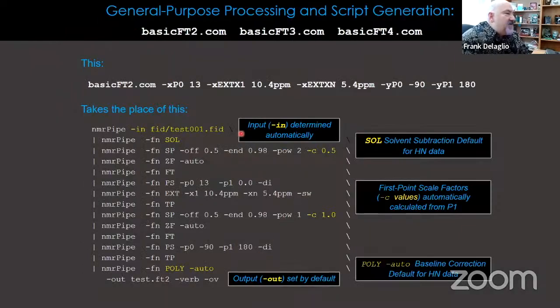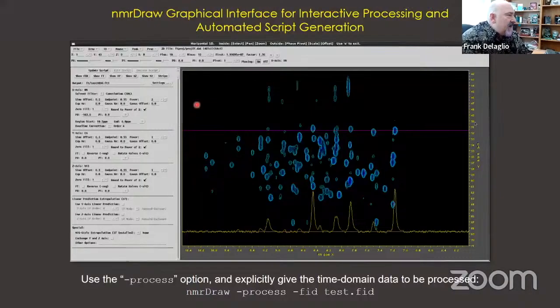So we've done two things. One is we have a series of commands that can automatically generate an elaborate processing script. And then to actually use these, we have a graphical interface that lets you graphically specify processing parameters and uses these underlying commands to automatically generate and execute processing schemes.